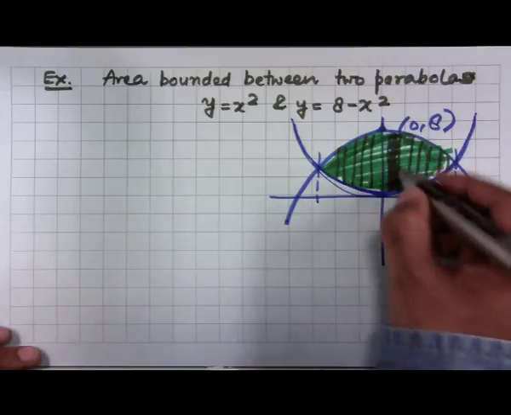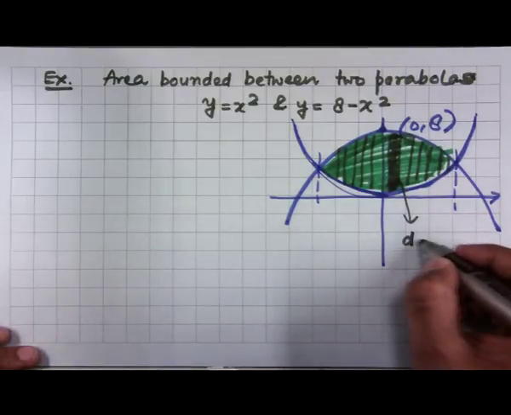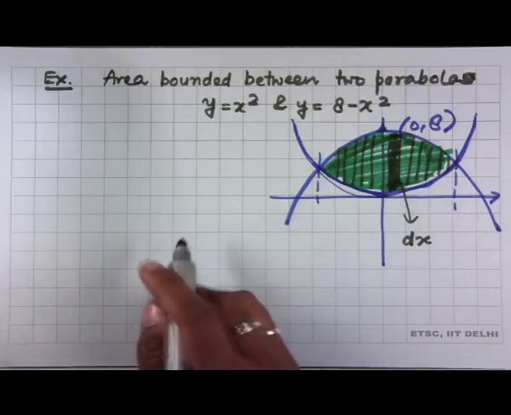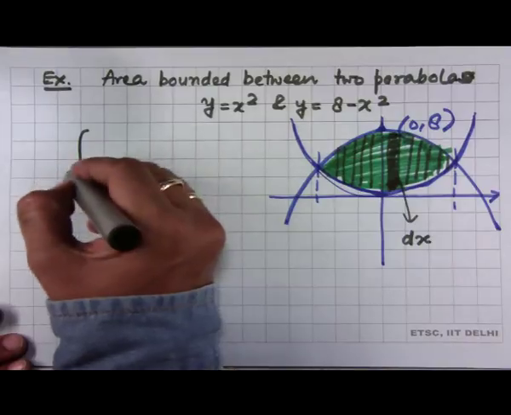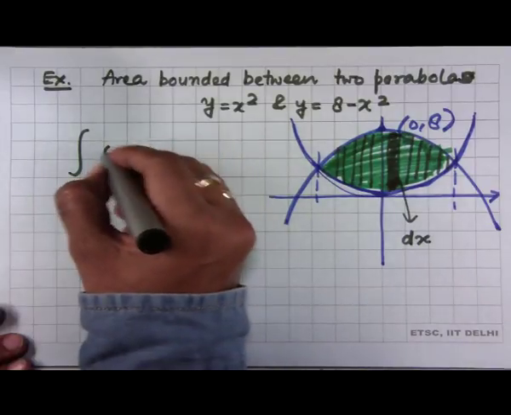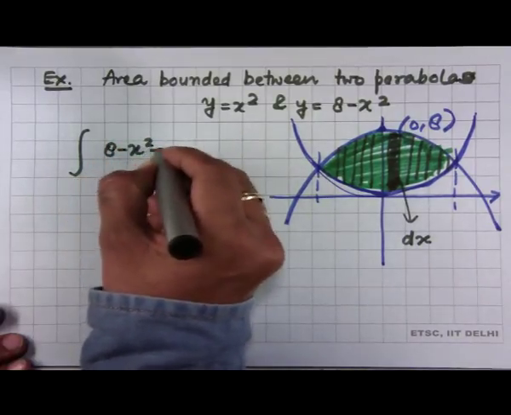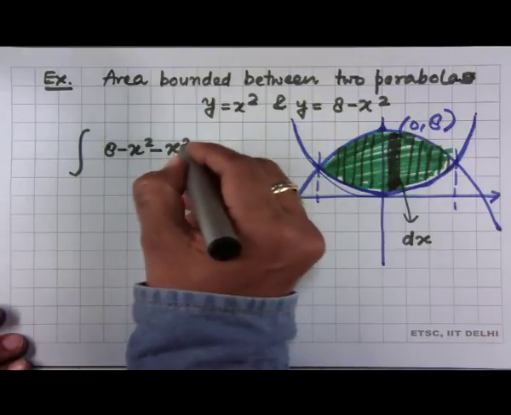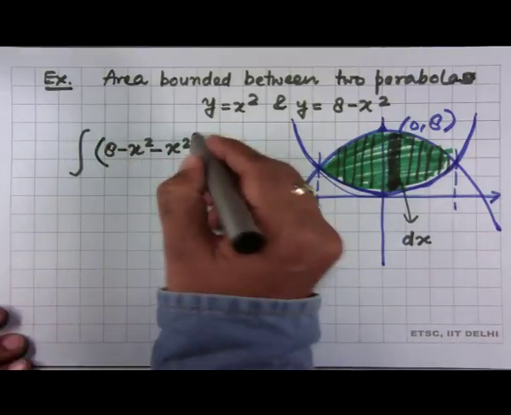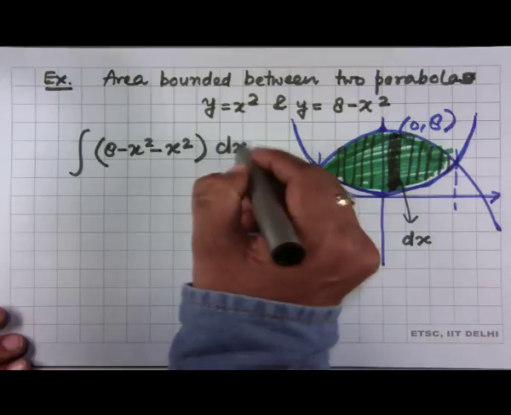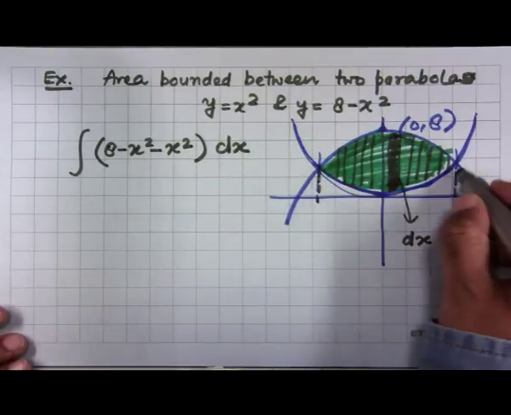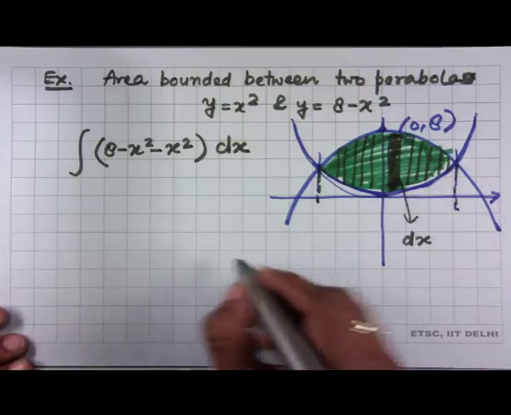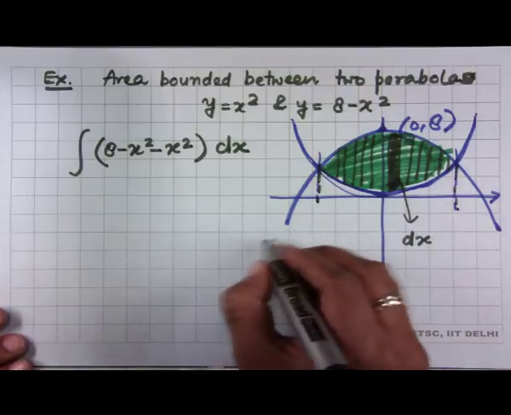If one such strip has width dx, the elementary area will be 8 minus x square minus x square dx. We need to find out these two values, so for that we need to solve both the equations.